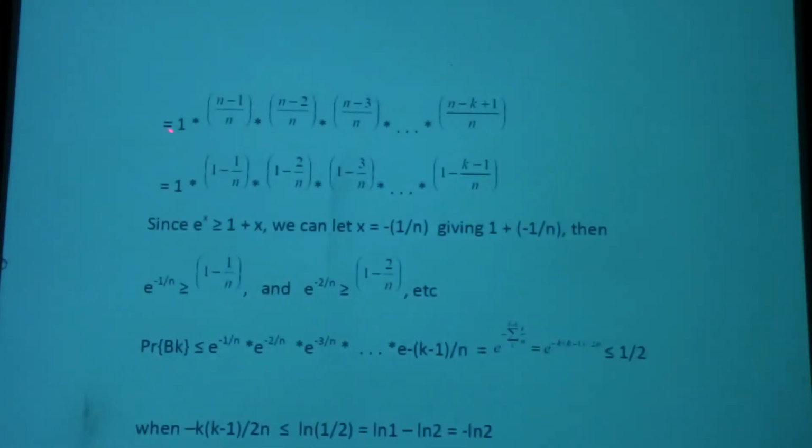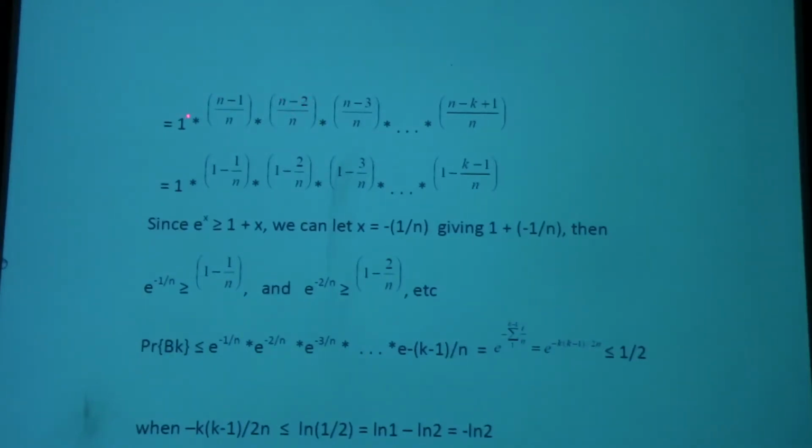We have the formula of 1, and then we have (n minus 1) over n. Let's think about it. The probability that I have a unique birthday as the first person is certain, 1, right? Now, if n is 365, the probability that the next person is unique is 364 over 365, and the next person, now why is it going down by 1?